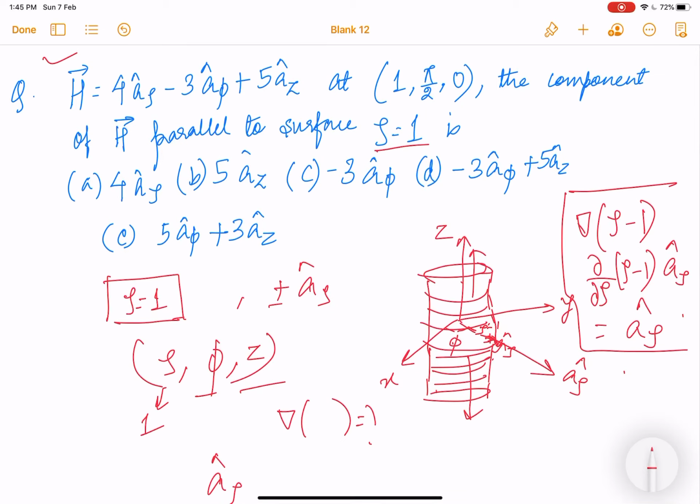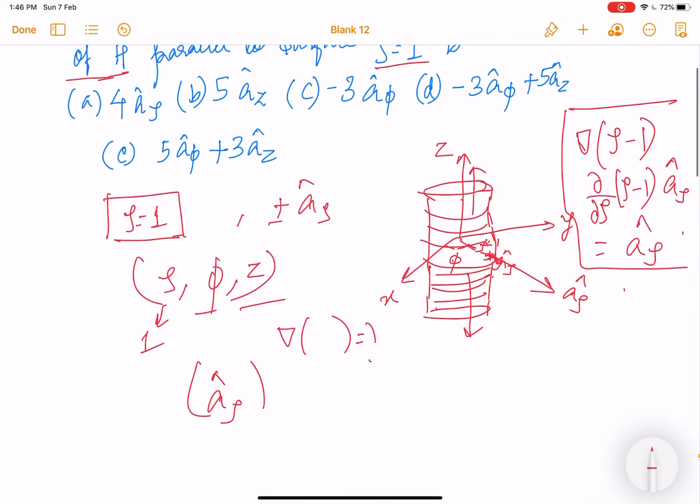I can take out the component of H, and whichever component of H is there, you take a dot product with this normal vector, and if it comes 0, then that is obviously parallel to the surface rho is equal to 1. I hope this is clear.